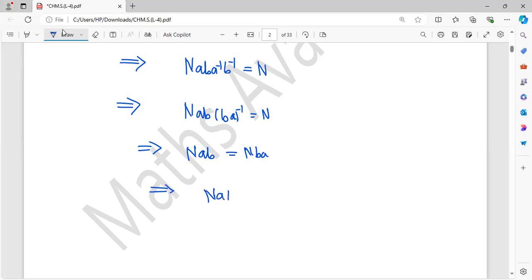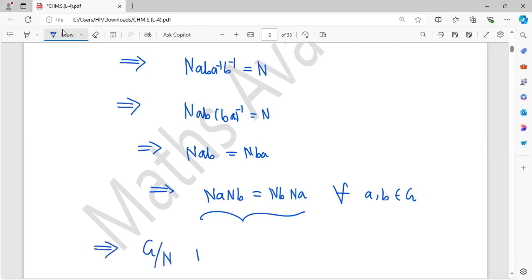It is NA into NB, and NBA is NB into NA, for all a, b belonging to G. So what does it mean? It means that G upon N is a commutative group.